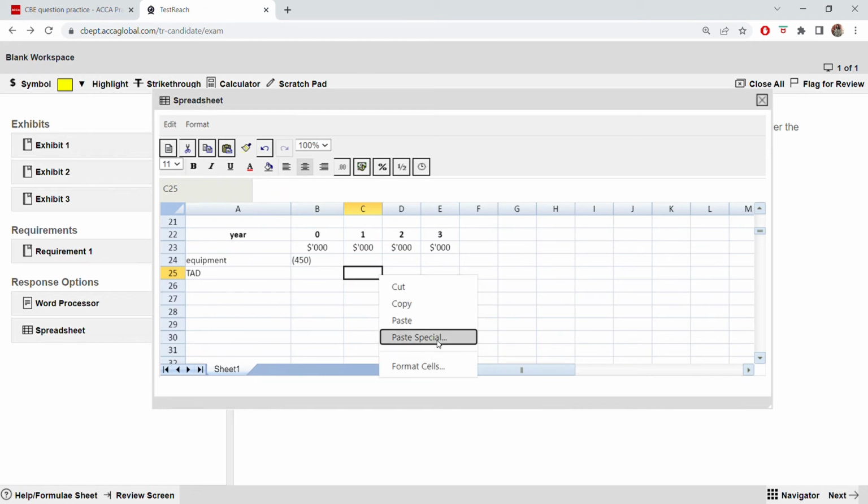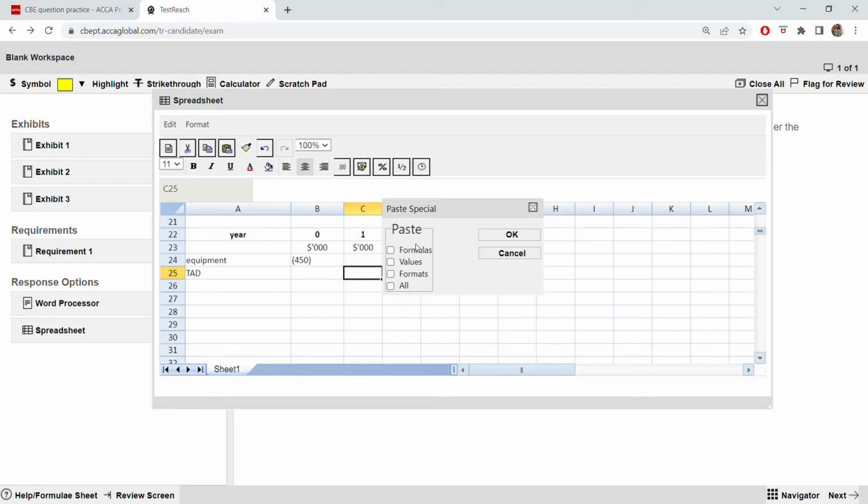You have to choose paste special. What do you want? The value, the formula, or all? So let's say you want the values. Click on the values. Okay. You see? If you want it with the function, it will take it with the function. It's up to you how you want it to copy. Copy, then paste special, and then select the value.